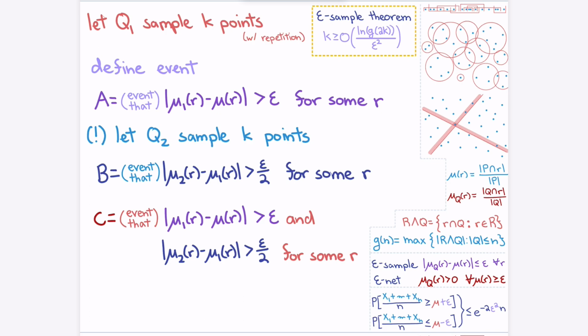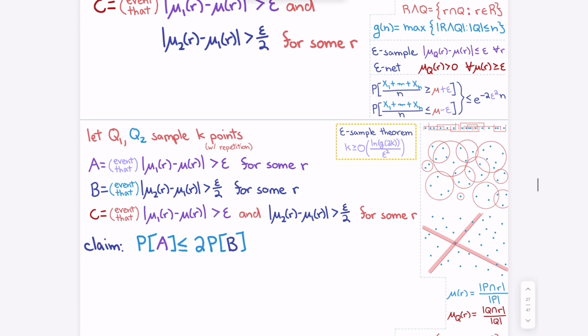So this is saying there's some range where mu1 screws up, converts to a true one by at least epsilon, and at least epsilon over 2, for some range.